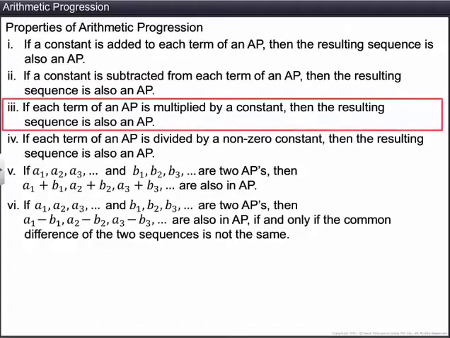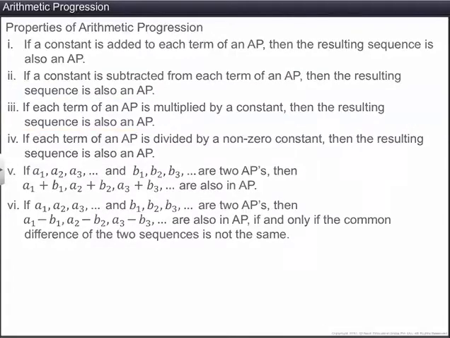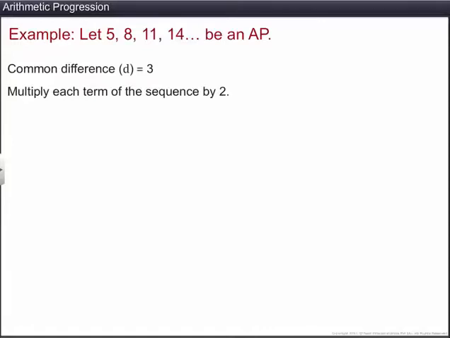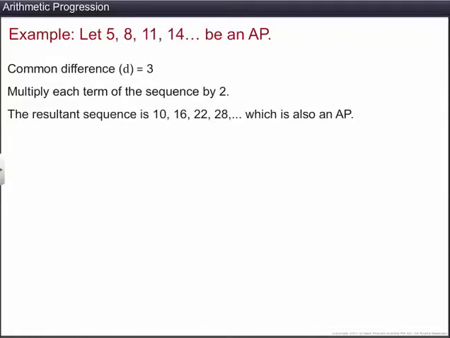For example, let 5, 8, 11, 14 and so on be an arithmetic progression. Its common difference is 3. If we multiply each term of this sequence by 2, then the resulting sequence 10, 16, 22, 28 and so on is also an arithmetic progression with the common difference 6.